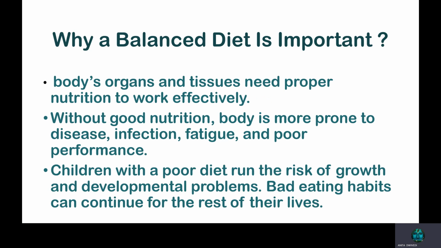Body's organs and tissues need proper nutrition to work effectively. Without good nutrition, body is more prone to disease, infection, fatigue, and poor performance. Children with a poor diet run the risk of growth and developmental problems. Bad eating habits can continue for the rest of their lives.